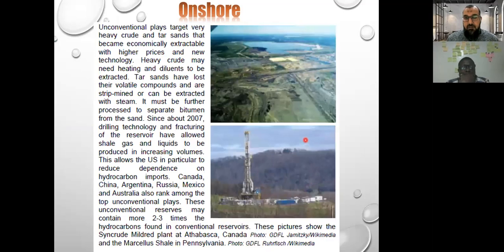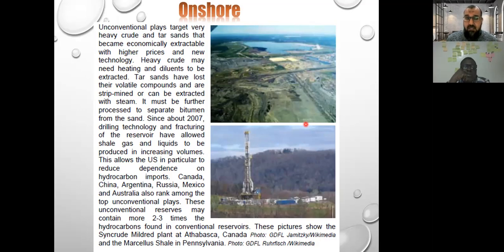In some unconventional areas, you will find very heavy crude and tar sands. This is very heavy, so it is not easy to extract heavy crude and tar sands, and it becomes economically higher in cost. It will cost the drilling companies more to extract the heavy crude. Because the heavy crude is heavy in its material. It is not light, it is not sweet, it is very heavy.